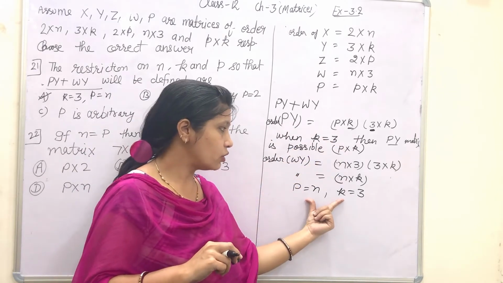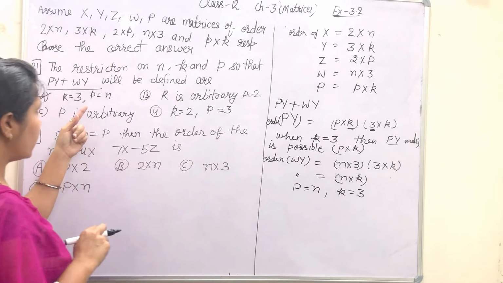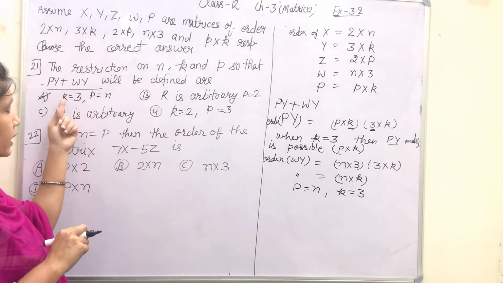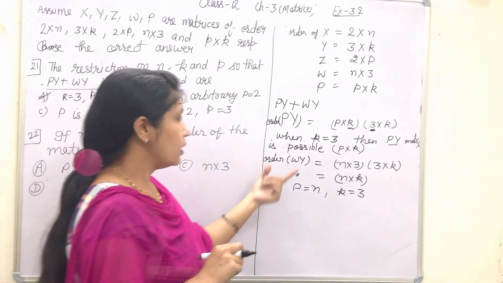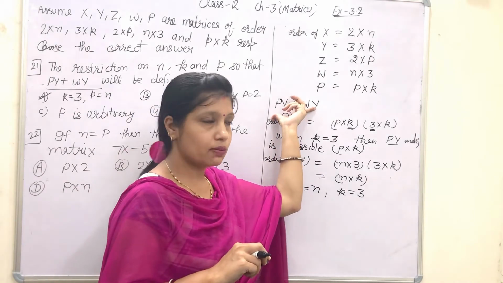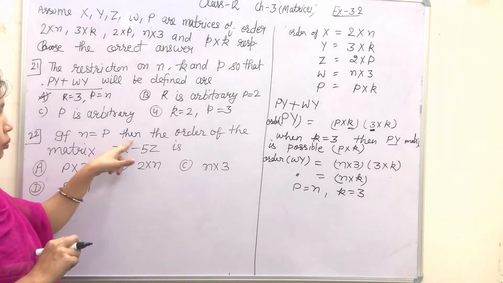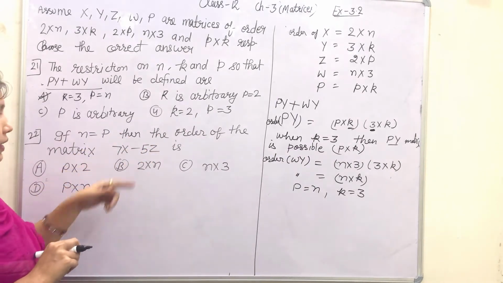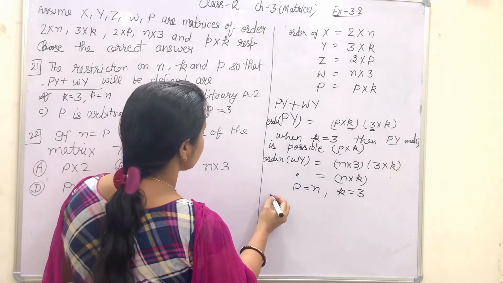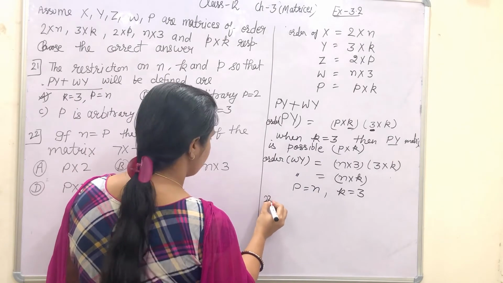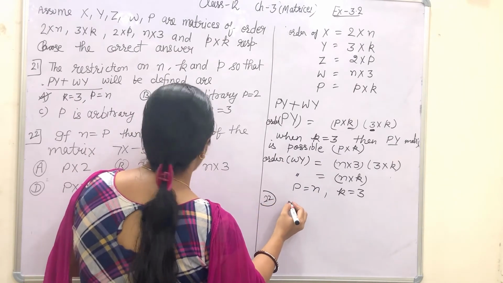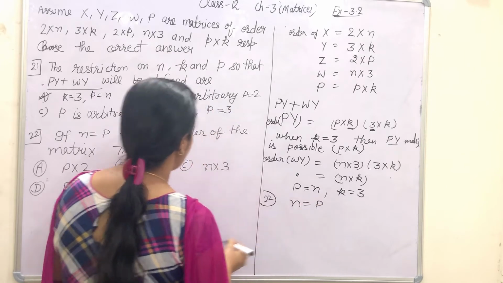So we get our two restrictions here, P equal to N and K equal to 3. Then this matrix will become possible. After then, if N equal to P, then order of the matrix 7x minus 5z. N equal to P is given.